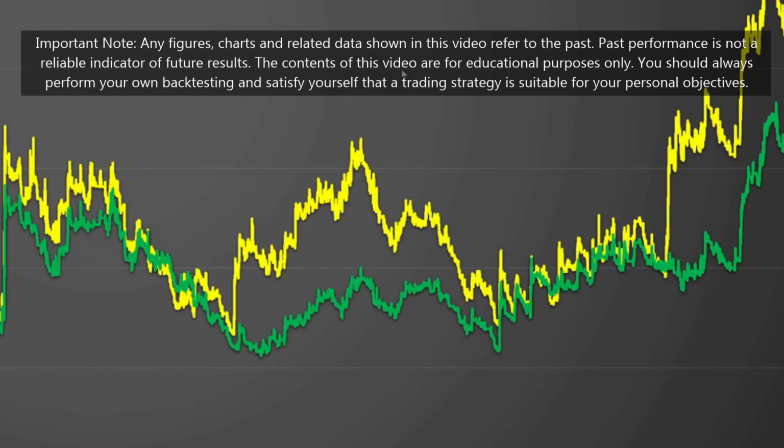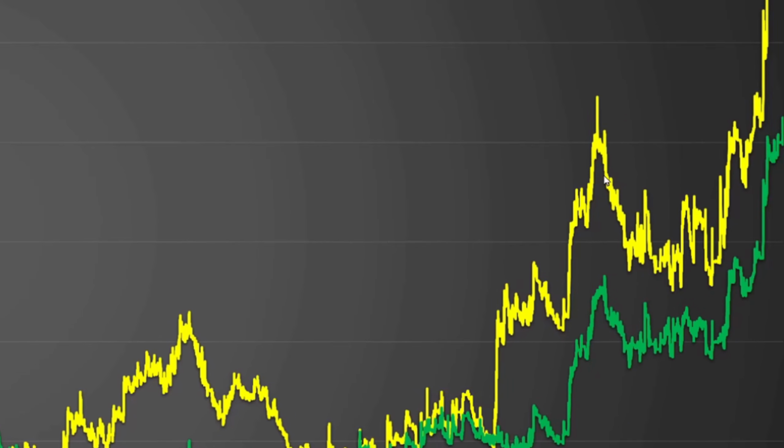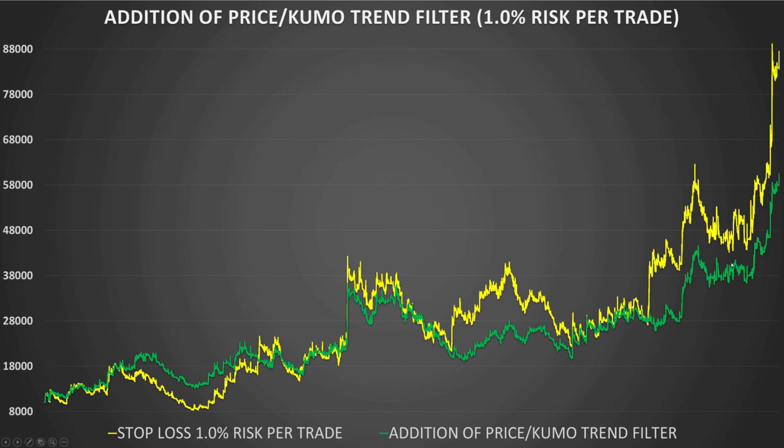So for example, if we look at this drawdown here, the drawdown is much more severe on the implementation without the Kumo filter than it is with. Likewise, we have another major drawdown here without the filter, which is reduced significantly here. So when using the filter, this in many respects produces a more stable equity curve.